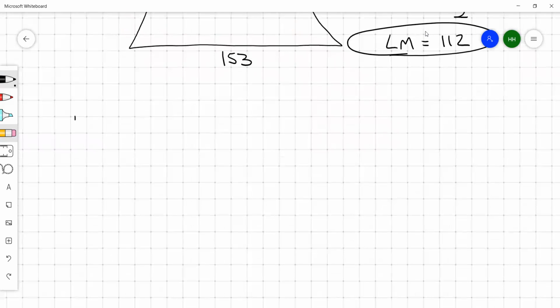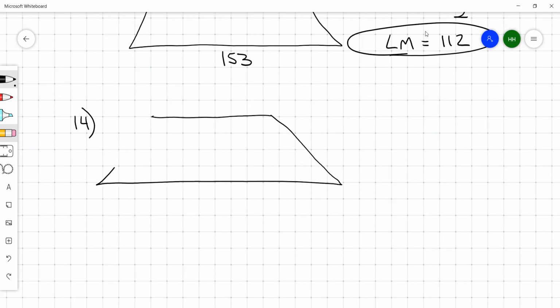And finally, number 14. Same type picture. A to B is x plus 8. LM is 4x plus 3. DC is 278.